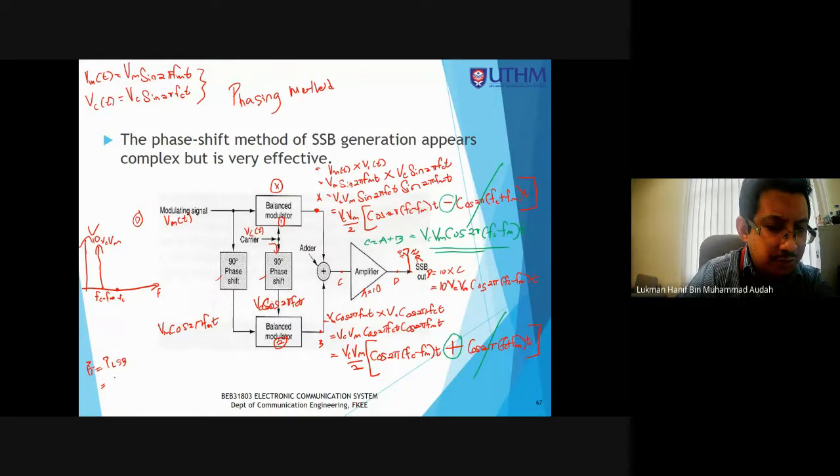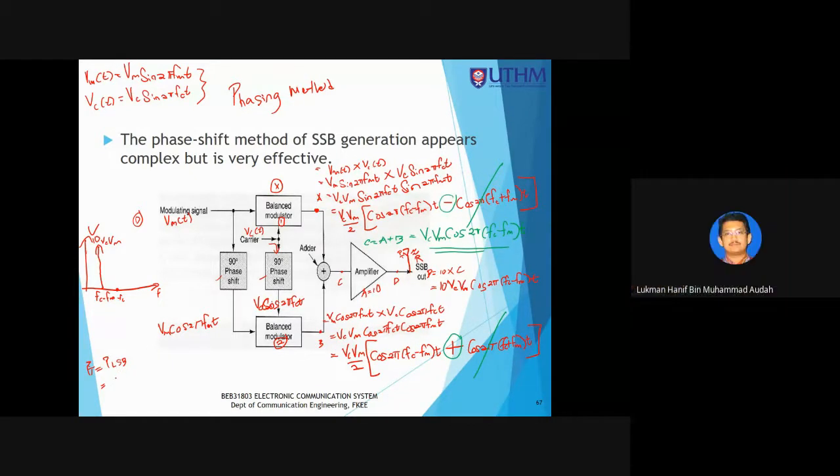So that means this is equal to Vsb square dibahagikan dengan 2R. So dalam kes ini dia adalah bersamaan dengan 10 Vc Vm kuasa 2 dibahagikan dengan 2R.